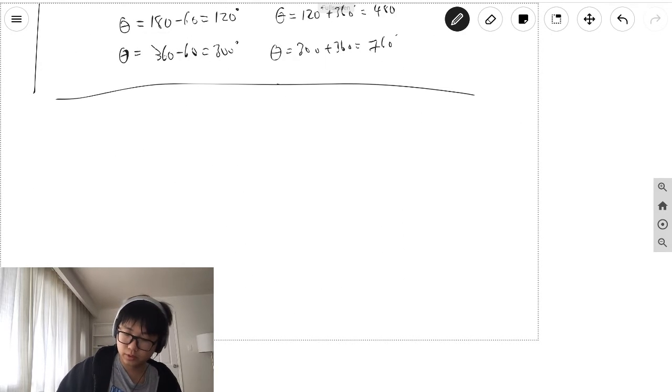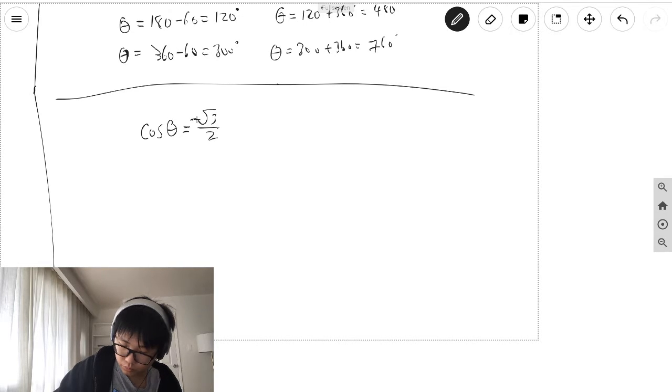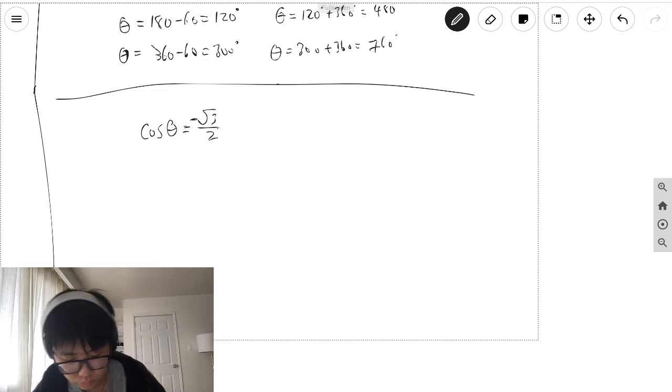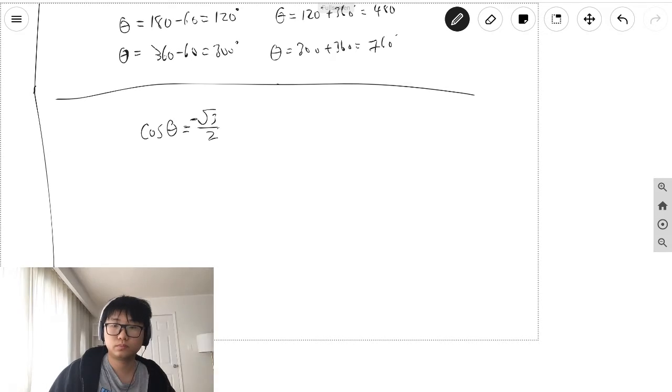All right, let's do another one. This time cosine, I guess. Cos theta is going to be equal to, let's go negative √3 over 2. Yeah, the x coordinate.